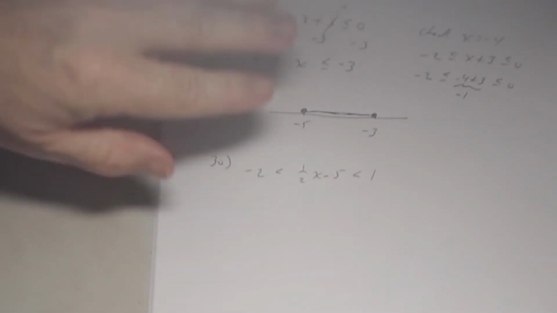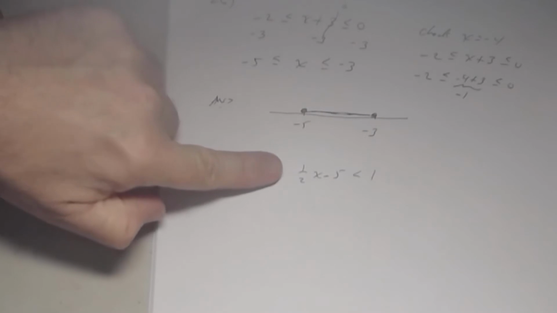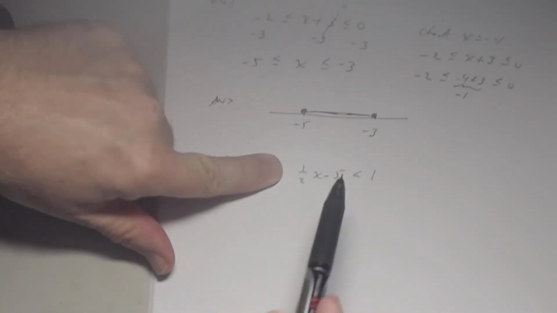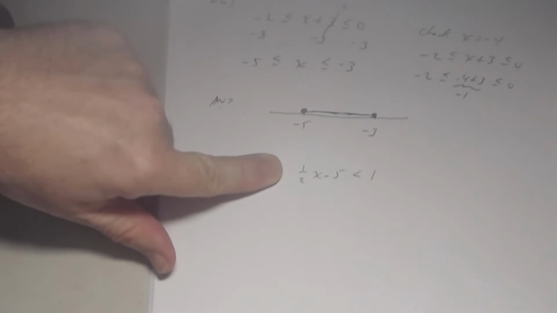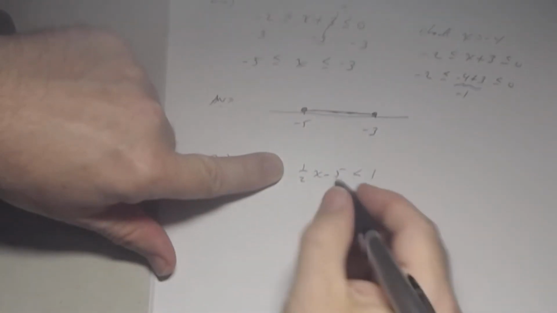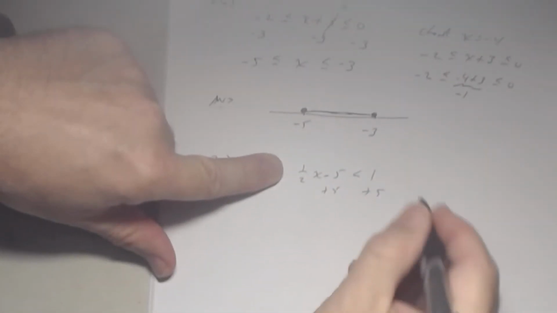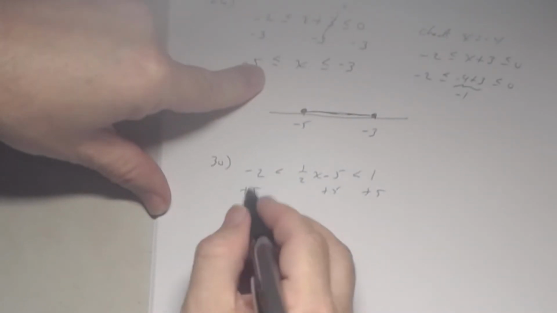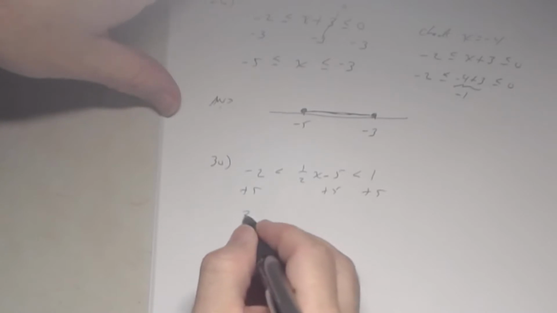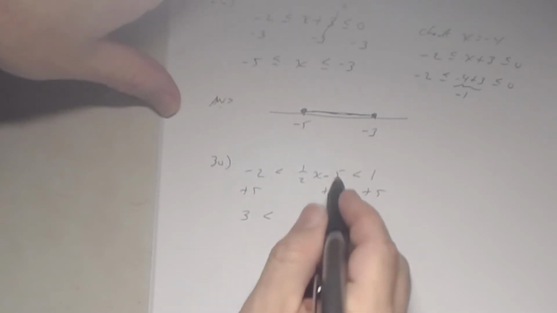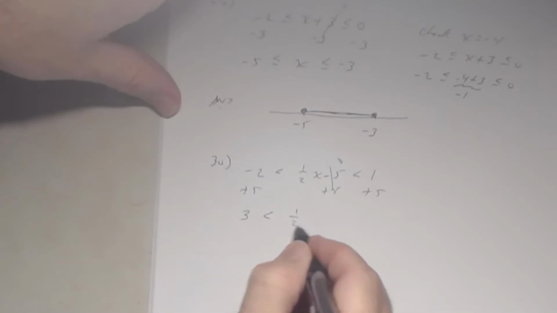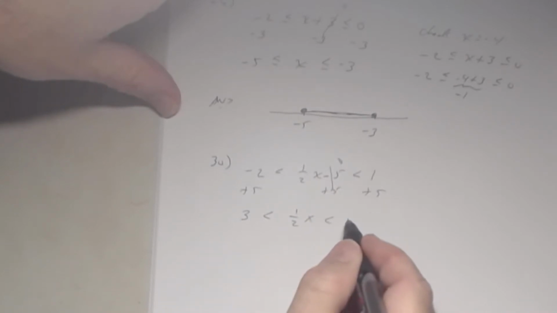Now, again, if I were to cover this part right here from a previous lesson, what would you have done to this part? Add 5, okay. So we're going to add 5 here, here, and also here, right? Okay, what's negative 2 plus 5? Okay, so 3 is going to be less than, and then what's going to be in the middle? 1/2 x, and that's less than 6.